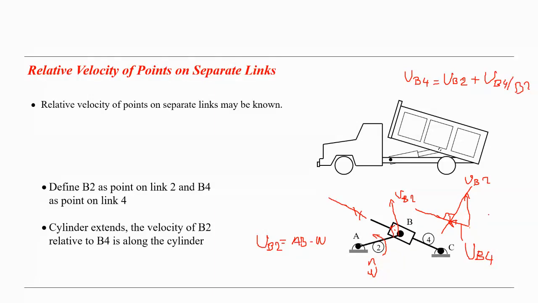Then, using a scale for the known vector, we can measure the vectors from the graphic, and by multiplying by the scale we can calculate the values of VB2, VB4 and also VB4 relative to B2.